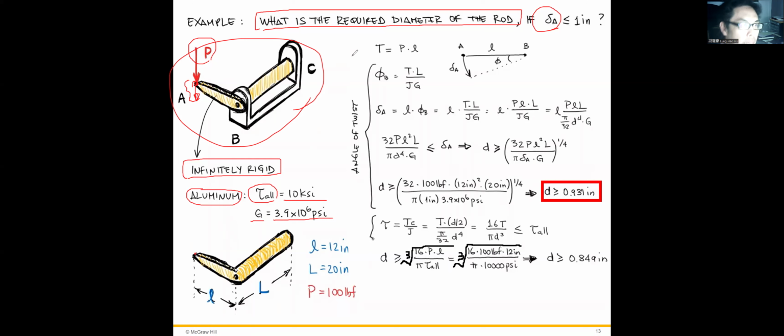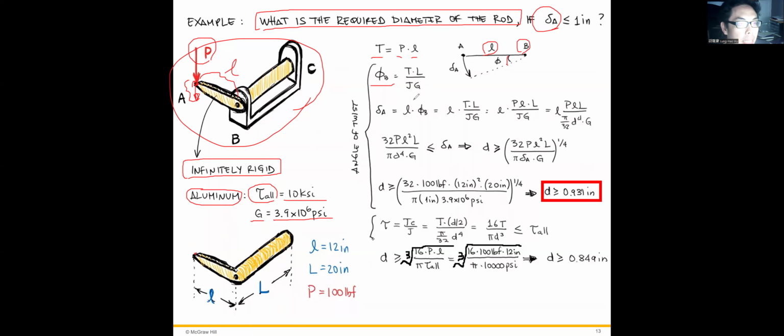So the torque, you must know it, equals force times L, force times the length. L is this distance. And the angle phi B equals TL over JG from the previous slide. We already know it.